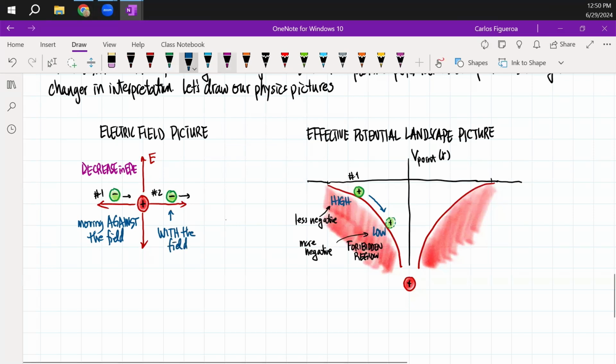And as a consequence, this is going to increase in electrical potential energy. So in this case, we now have the charge starting here and then moving up.